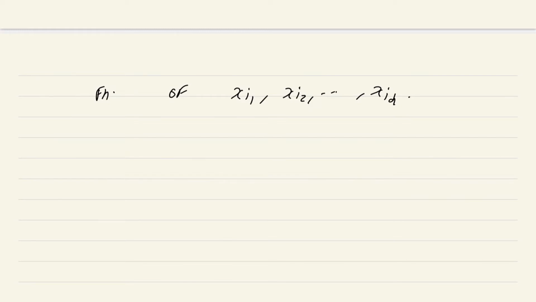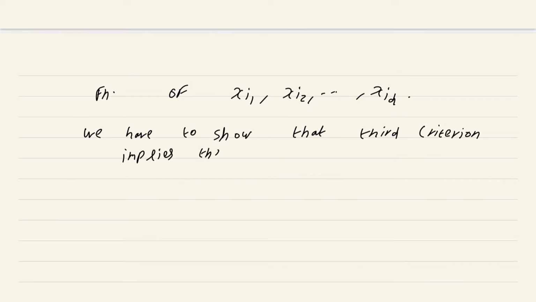Now we have to show the toughest part. We have to show that the third criterion implies the second. That is, if you can locally parametrize a piece of M, then you can write a portion of M also as a level set of a function that has all these properties that we need from criterion 2.